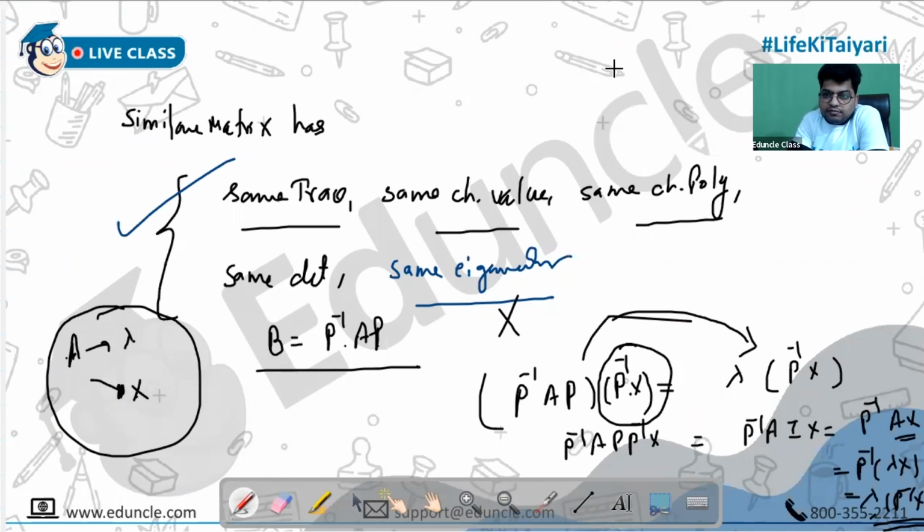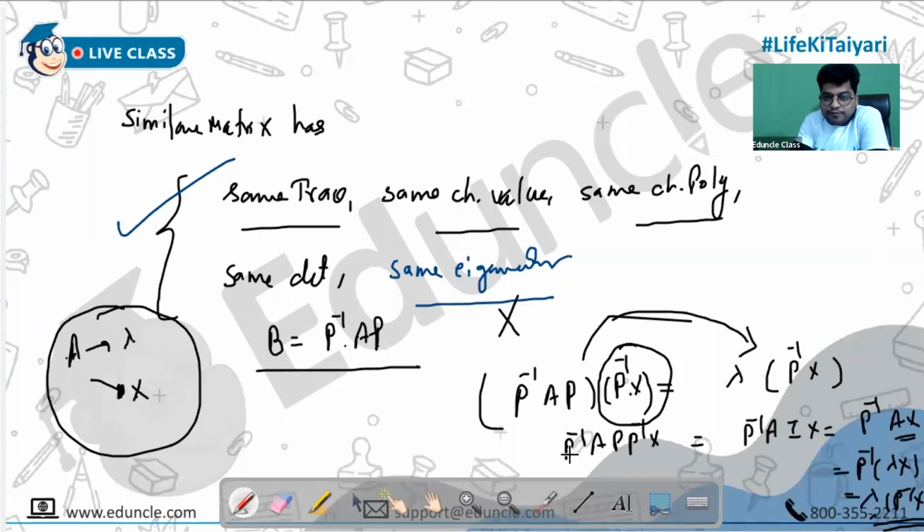Geometric multiplicity is equal to algebraic multiplicity. How can you say, Thanu? Can you speak on a mic? Can you explain to me? You are saying that if geometric multiplicity is same then same eigenvector. How? I have not discussed this kind of thing till now.